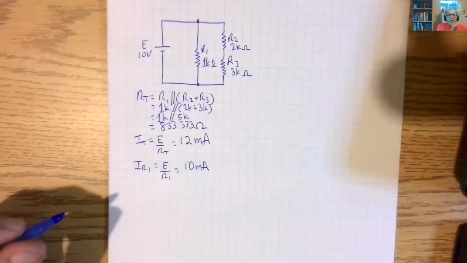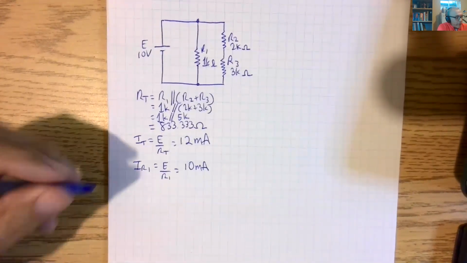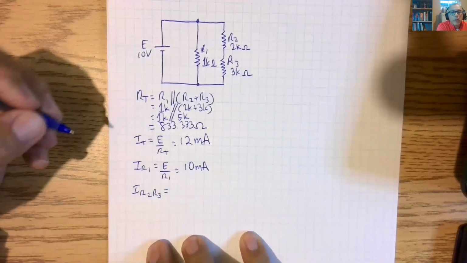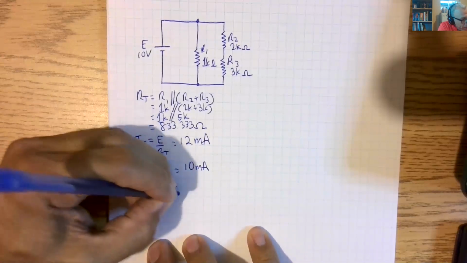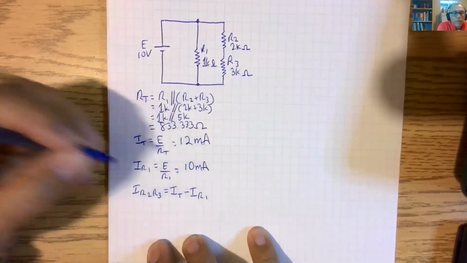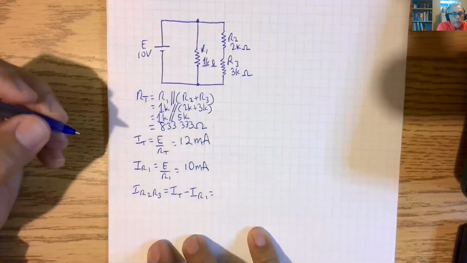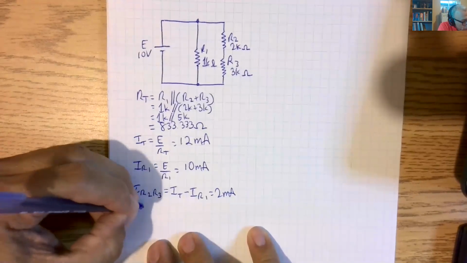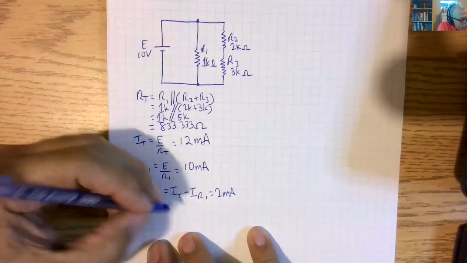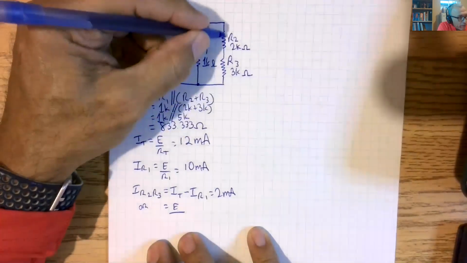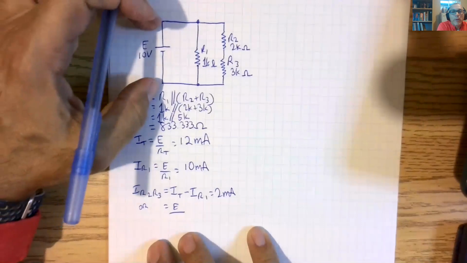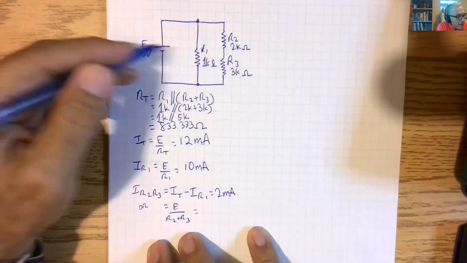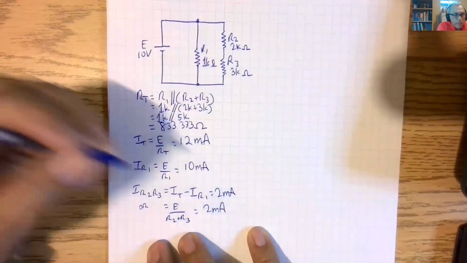And then we can say I of R2, R3 is equal to IT minus IR1, which would be 2 milliamps. Or you could say that it's equal to E over these two combined, because these two together are in parallel with E. So E over R2 plus R3, which is 10 over 5K, which is 2 milliamps.